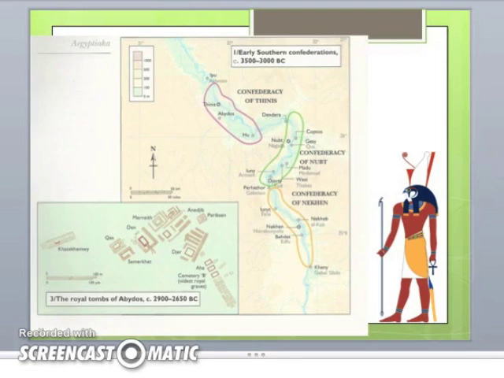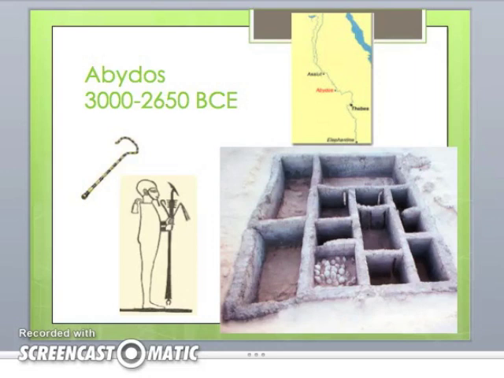And within this area is another very important tomb site called Abydos. And Abydos dates from about 3000 to 2650 BCE. And it is north of the first cataract, but still within that confederation area. At Abydos, we have huge differentiation in tomb design. So we have some that are very large, like the one shown here called Tomb UJ, and others that are very small with almost no tomb goods whatsoever.